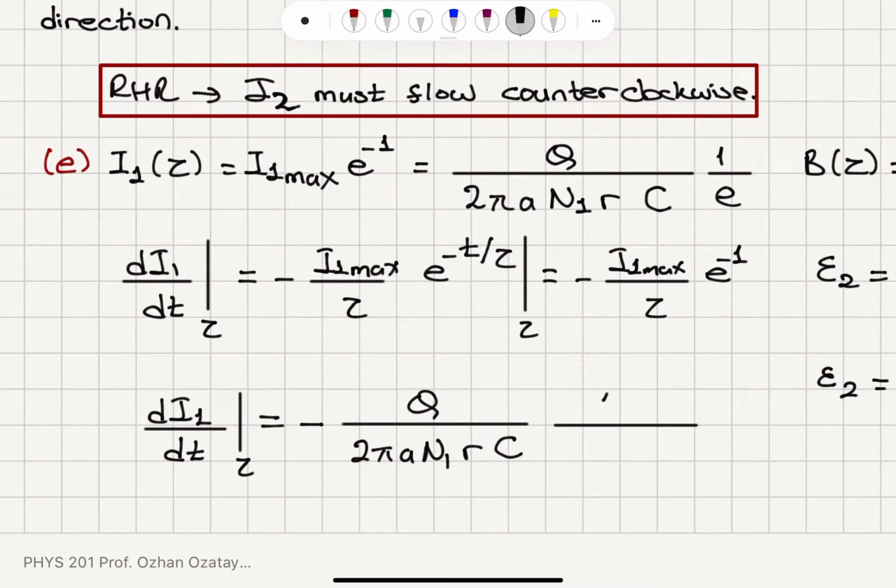What is the time constant? 1 over R1, 2 pi A N1 R, that's the resistance times C, exponential -1.